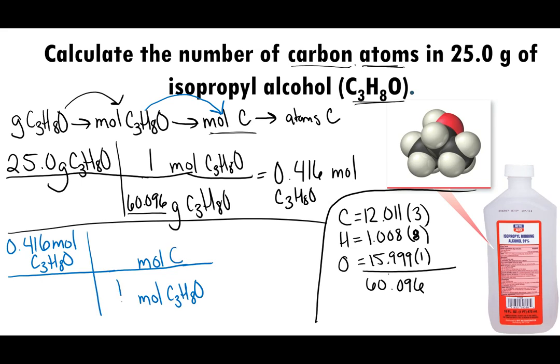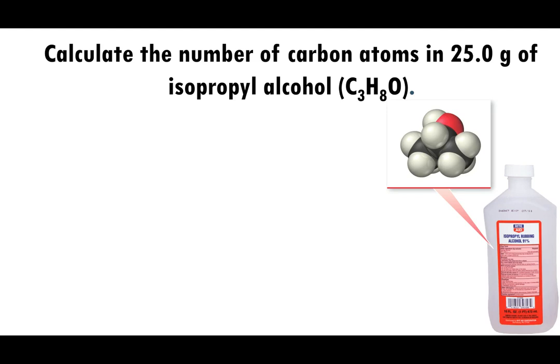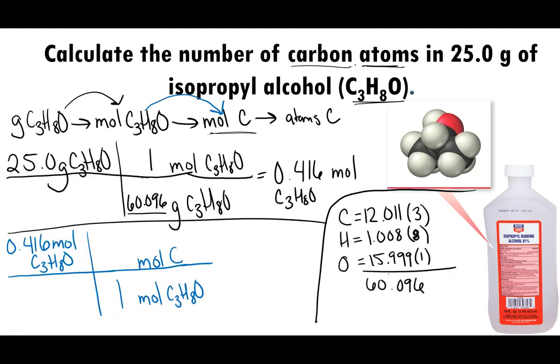The number 1 will always go with our molecule. How many carbons do we have in one molecule of this? Yep, we got 3. So that goes up there. Multiply across the top, divide by the bottom. So 0.416 times 3 divided by 1 gives me 1.248, and that is moles of carbon.